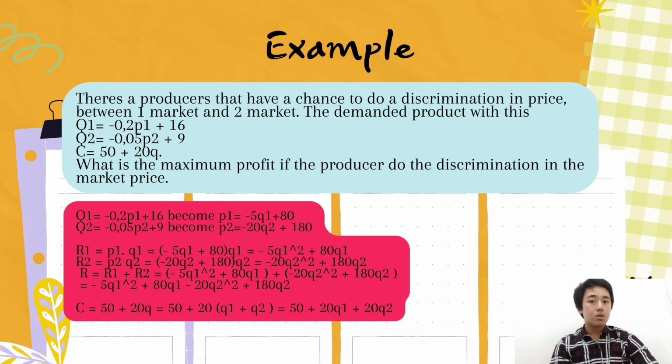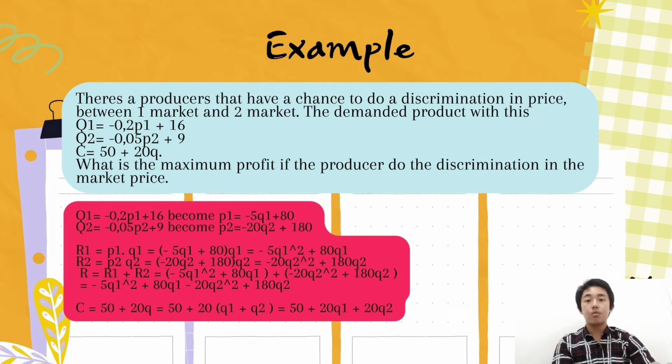So the cost we turn into C equals 50 plus 20Q, because Q is actually Q1 plus Q2. So it is 50 plus 20Q1 plus 20Q2. Next, we're going to find the profit. And remember, profit is revenue minus cost.